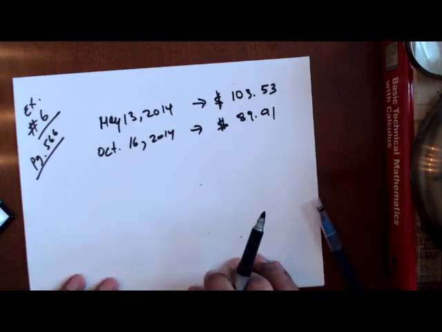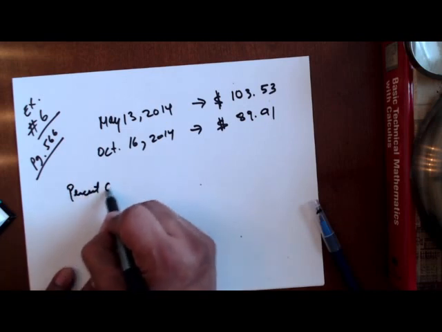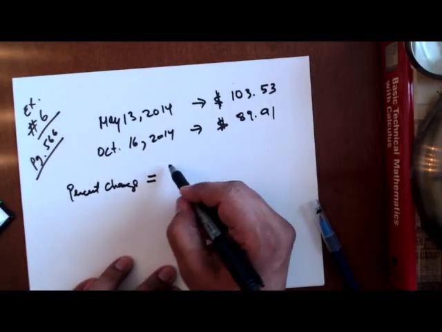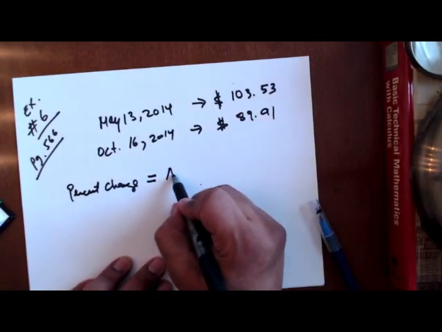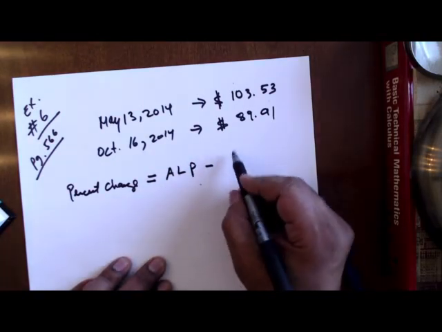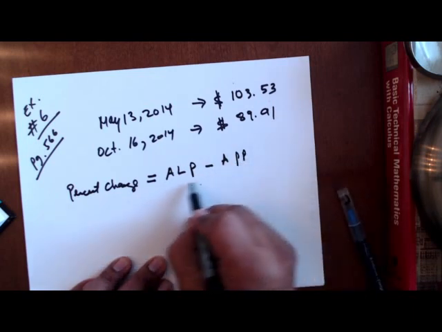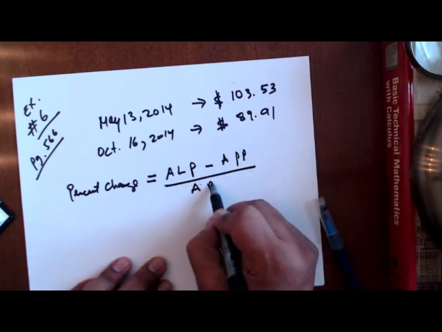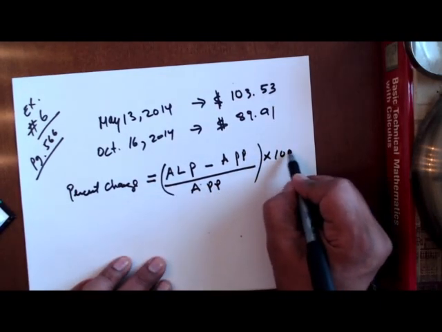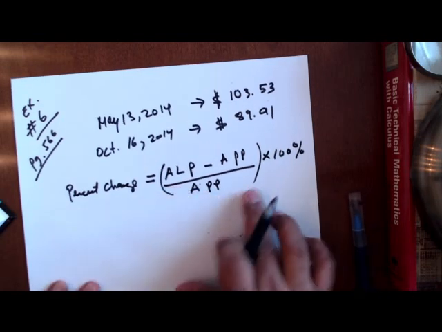And so we have to do our percent change again, and that's equal to the amount of the latest period minus the amount of the previous period, divided by the amount of the previous period, and all this multiplied times 100%. Right, this is very important that you know where to put the numbers.